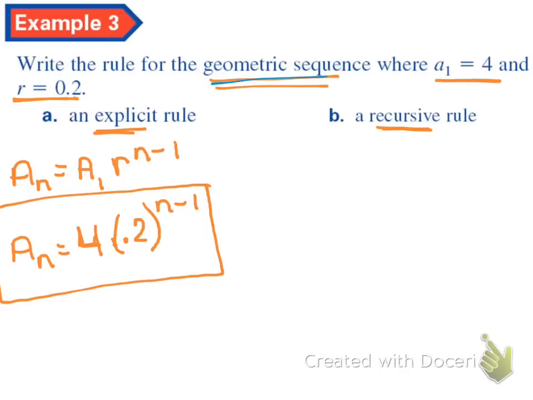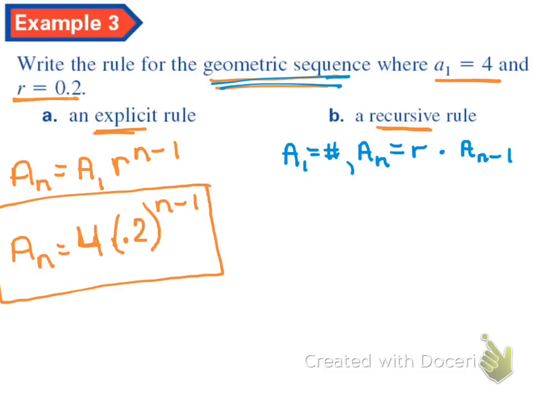In a geometric sequence, to write the rule as a recursive rule, you would give the first term. So whatever the first term is, you need to give that. And then you give a recursive rule for how any term after that first term would be written by taking the rate and multiplying it times the previous term, a sub n minus 1.